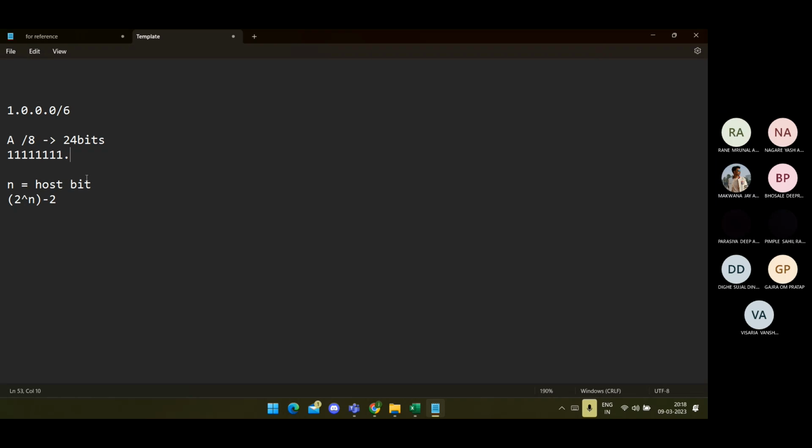See, 26 bits. Okay, so this is the default class A, and this is for /8.